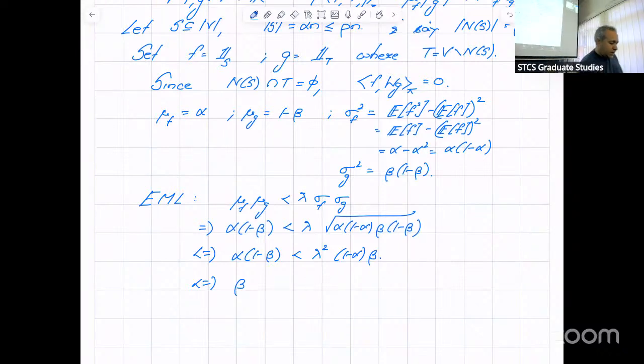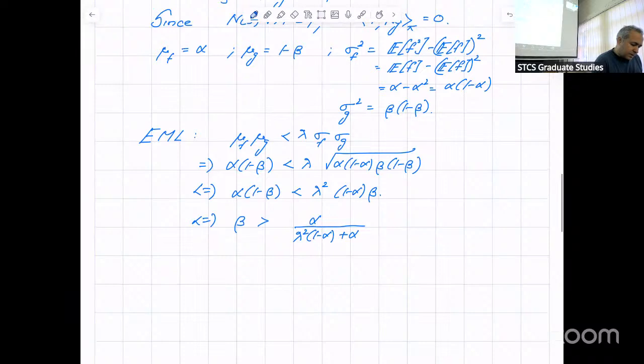So this says beta is greater than or equal to alpha by lambda square 1 minus alpha plus alpha. Which is exactly like this, greater than alpha by lambda square 1 minus rho plus rho.